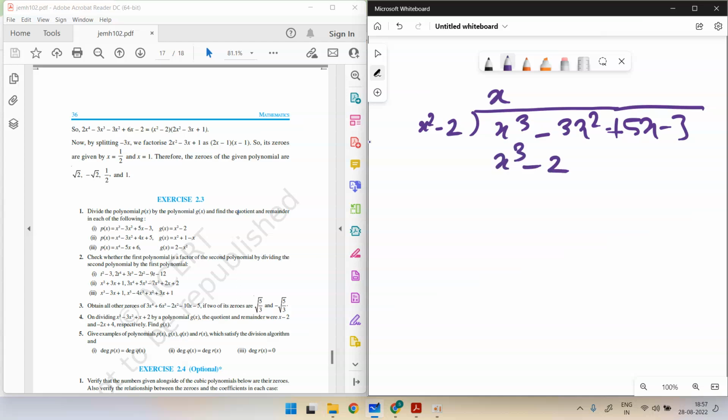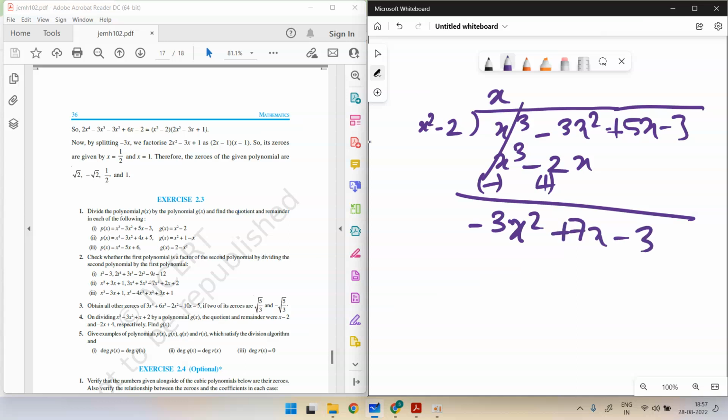If you subtract, this minus becomes plus, so x cube cancels. Minus 3x square stays, and plus 2x plus 5x gives plus 7x, minus 3.